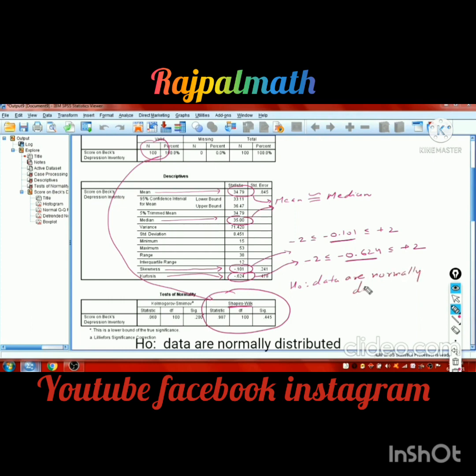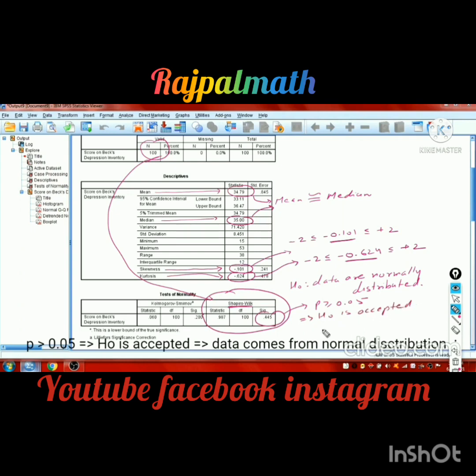So the p-value is 0.445, which is greater than 0.05, which implies H0 is accepted, which implies data comes from a normal distribution.